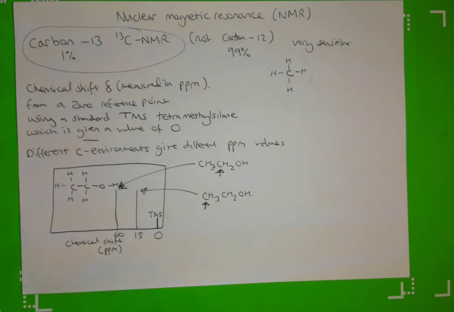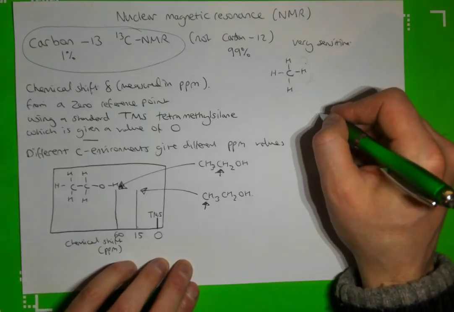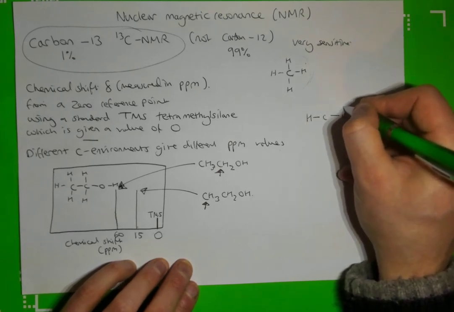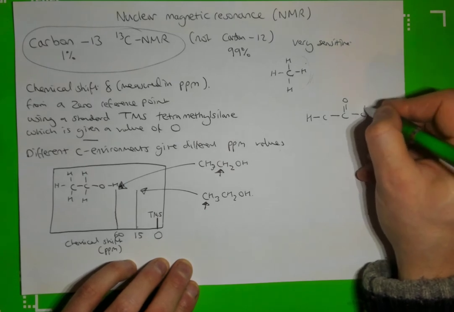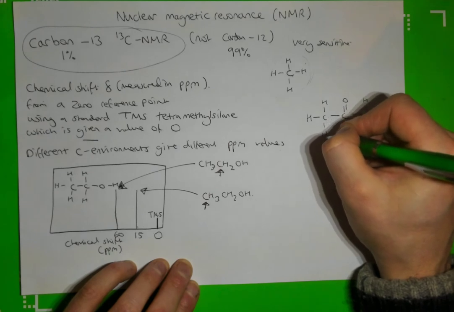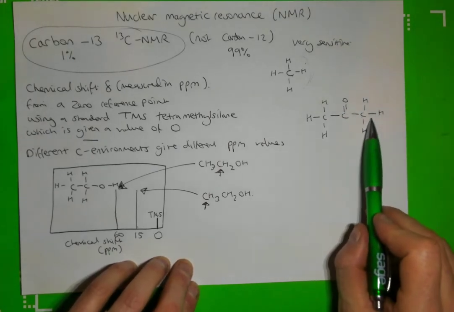Okay, what we're going to do now is we're going to have a look at some more spectra. So if you've got the molecule propanone. Now the mistake that people make here is they count the number of carbons and they think there'll be 3 peaks.